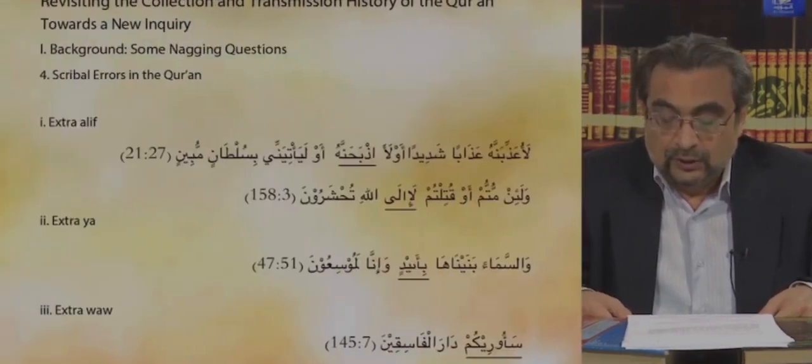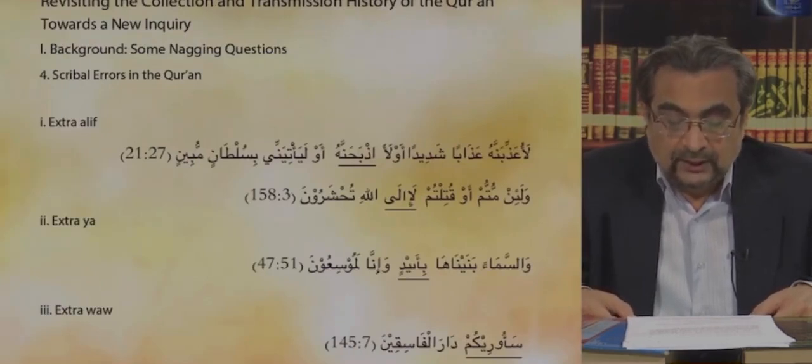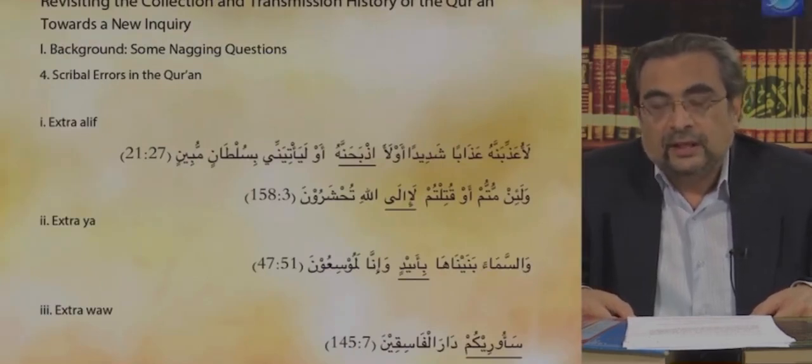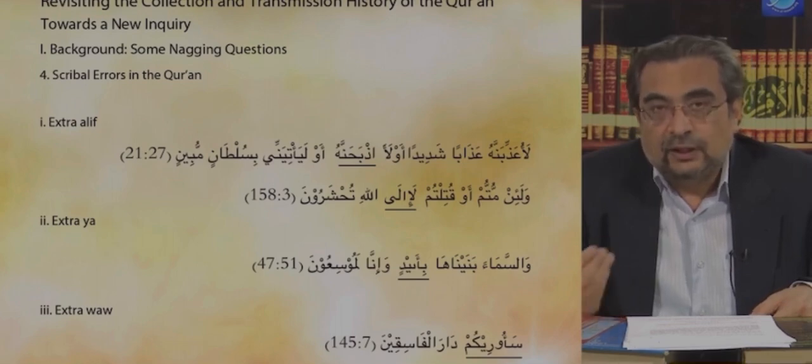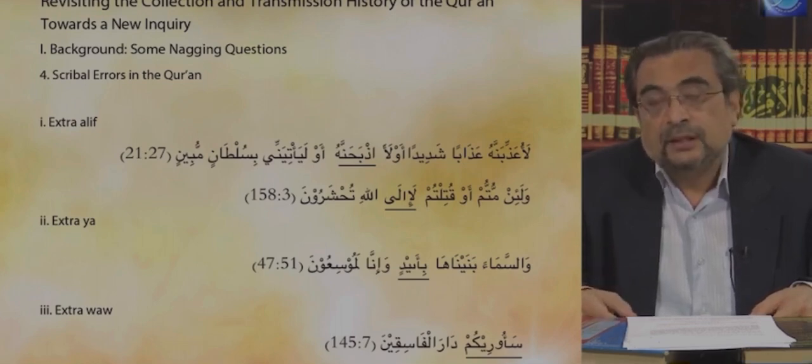And just to give you a few examples as they are being displayed before you on the screen, this verse of Surah Naml has an extra alif contained in it. The words are لَأُعَذِّبَنَّهُ عَذَابًا شَدِيدًا أَوْ لَأَذْبَحَنَّهُ. As you can see, the underlined alif, which succeeds the other alif, is an extra alif, because the word is لَأَذْبَحَنَّهُ.